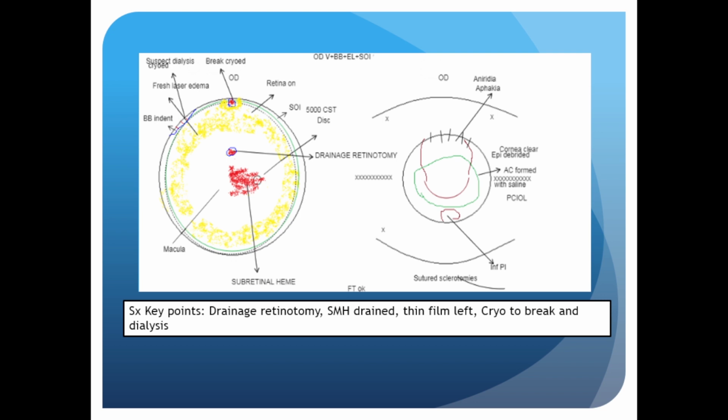Again, this is debatable, because you can leave the subretinal hemorrhage, but a tamponade can get displaced. That was an option, but here I thought the blood was liquefied and I could drain it, so I made a drainage retinotomy. I could drain some of the subretinal heme, but some was still left at the macular area. I had to put a tamponade definitely because there was a dialysis.